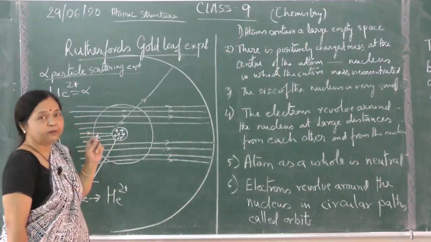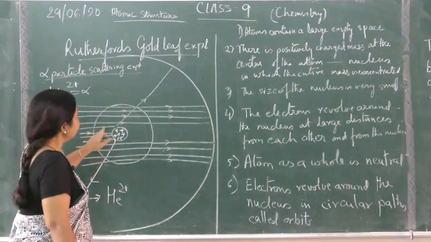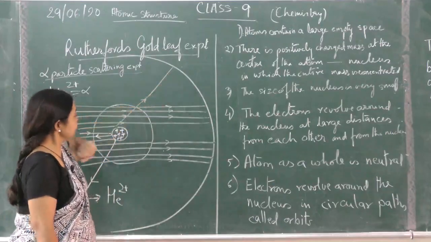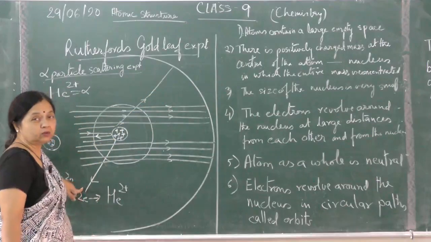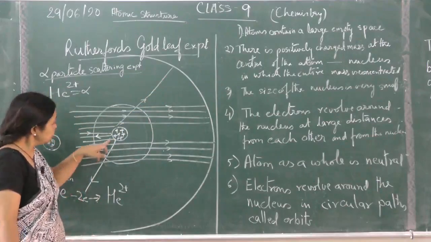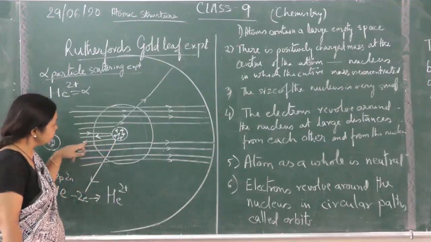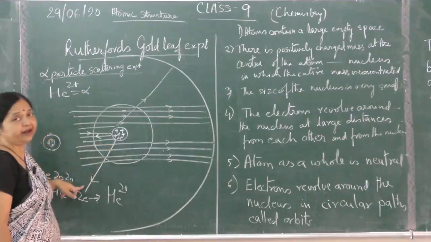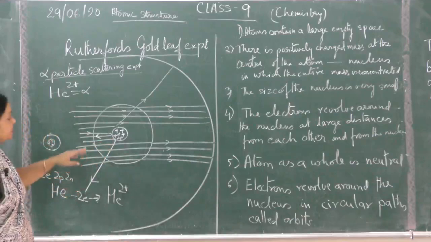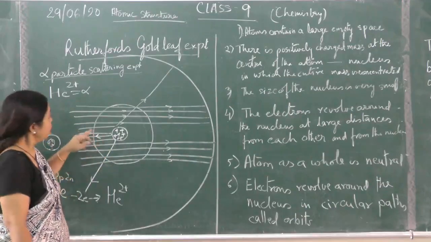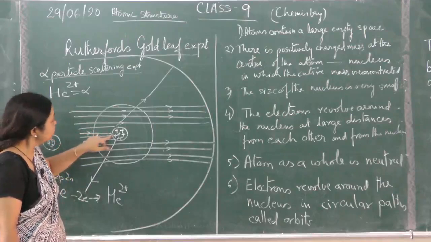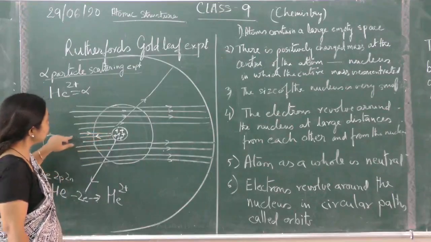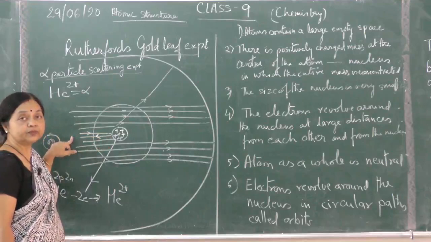A very few particles made small angles, and some 1 or 2 in 1,000 were deflected by a greater angle, and just 1 or 2 went and hit this object in the center and boomeranged back, took a U-turn and came back in the same direction.